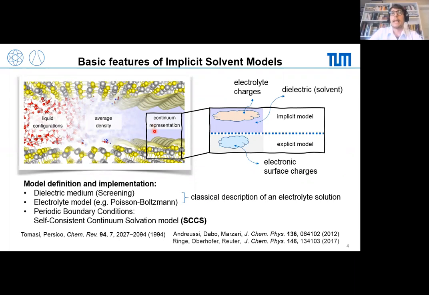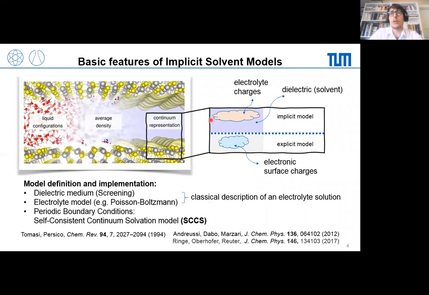This continuum representation would essentially have two ingredients: a dielectric medium with an effective dielectric constant, as I've just drawn here, and a certain type of electrolyte model, which might be just Helmholtz planar countercharges, or even more refined Poisson-Boltzmann or modified Poisson-Boltzmann descriptions of this electrolyte. That's in direct agreement with how electrolyte solutions have been described classically, like 100 years ago already.